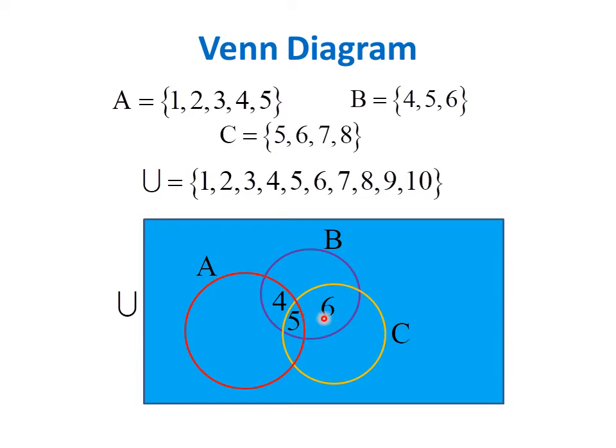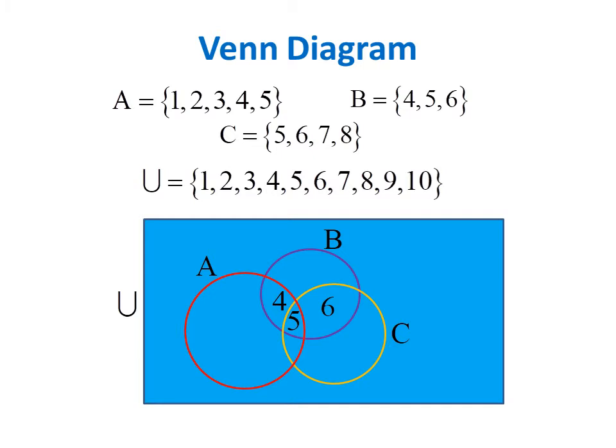So in the remaining portion of the intersection, we have 6. Now how about the intersection of A and C? Do we have any common element? Yes, and that is the number 5. And there we have the number 5 in the intersection of sets A and C.